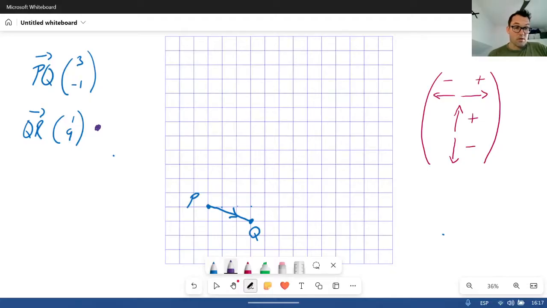Now we're at Q. You see? That just got meaning. So we're going from Q to R. It says we need to go 1 square to the right, because we got a 1 here, and then 9 squares up. 1, 2, 3, 4, 5, 6, 7, 8, 9. That will be the point R. So QR.